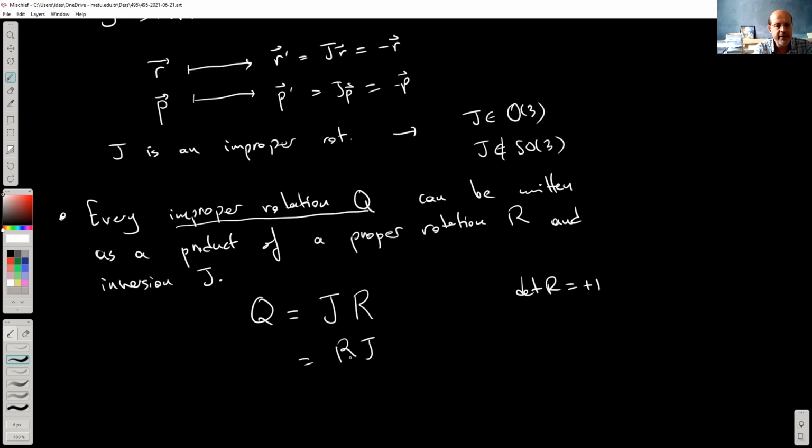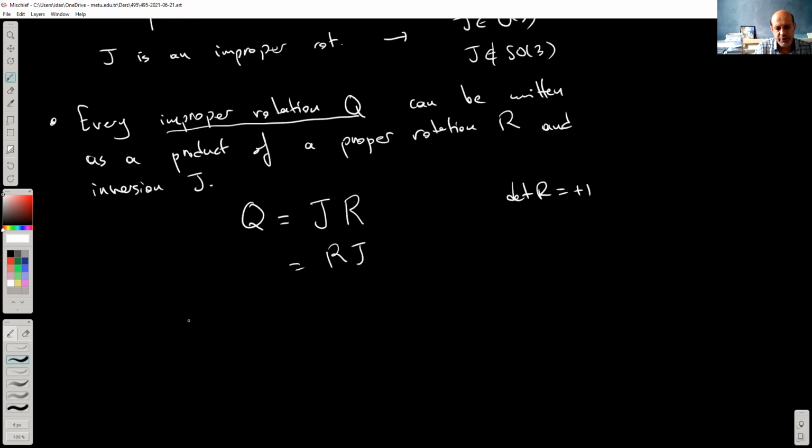Yeah, I think that's it, right? There's not much else that we can say in here, which then tells us that O3 can be written as the union of the proper rotations and J multiplied with the proper rotations, right? So these are proper and improper.